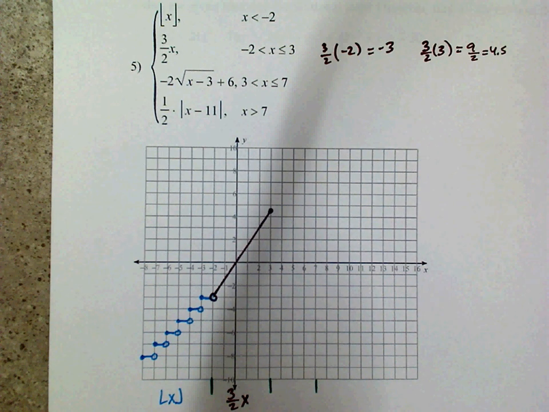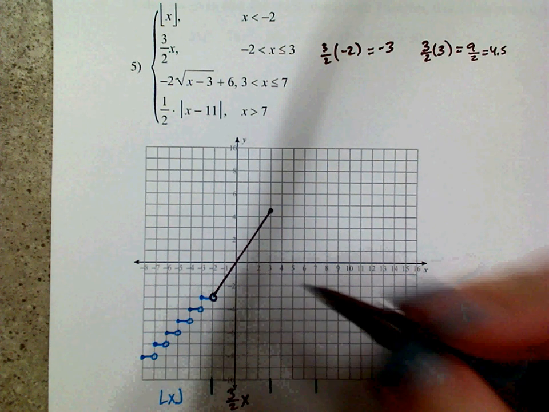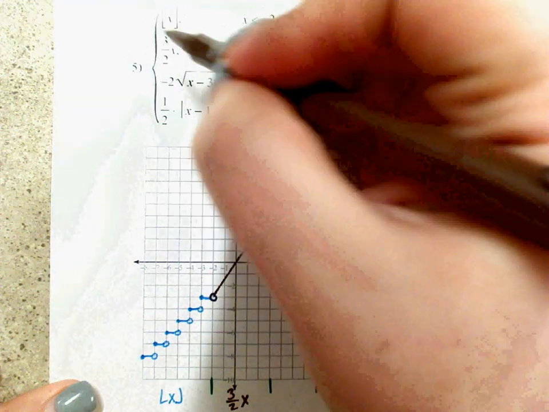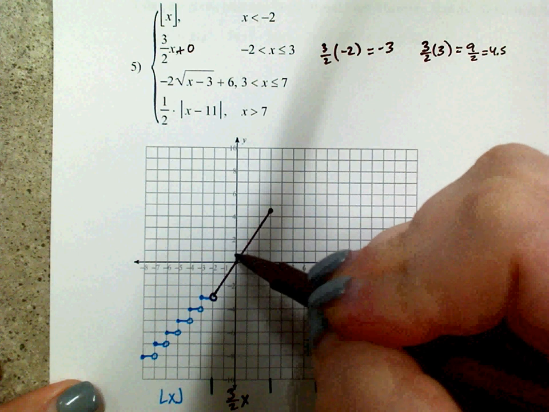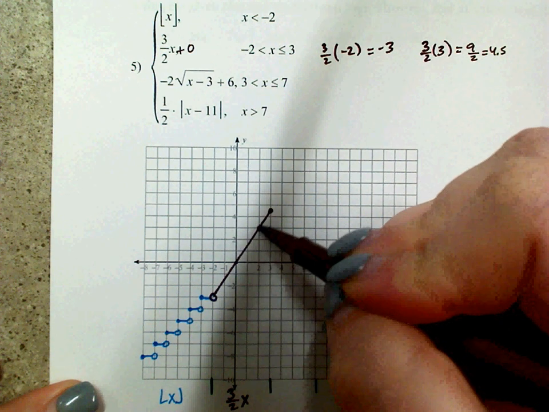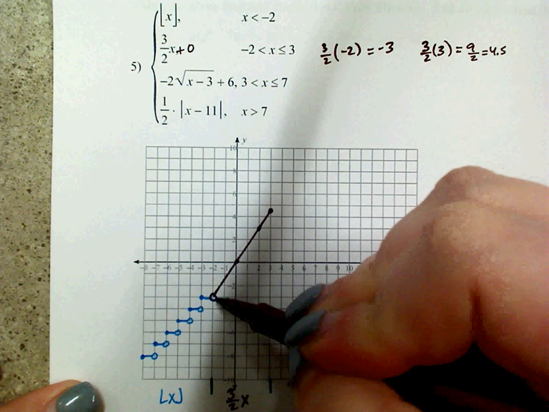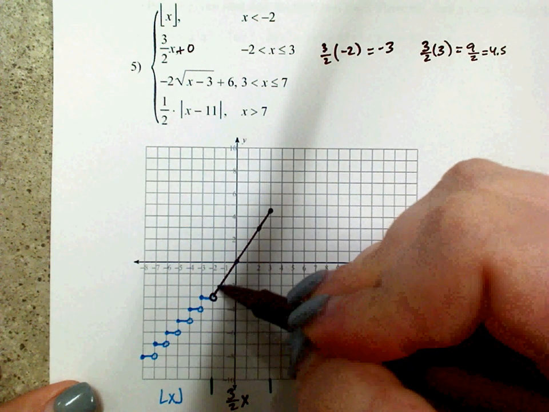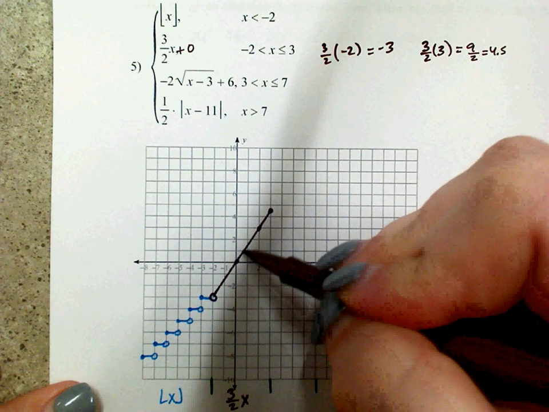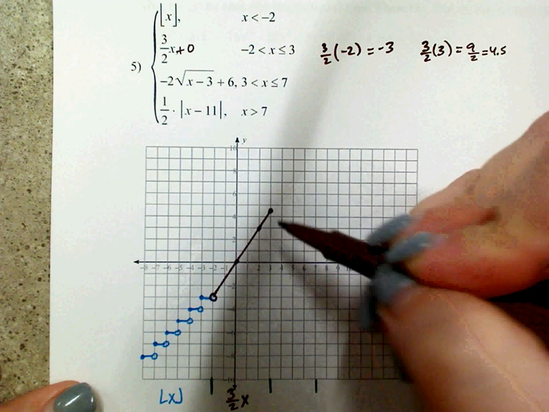Now, if I actually plotted the y-intercept, it's 3/2 x plus 0, right? So if I plotted 0 and then went up 3 over 2, that would get me to this point, and down 3 left 2. But it wouldn't get you necessarily to there. If you had this point and this point, you could connect and then just continue going until you reached it. But this is a little bit more final, like that is for sure 4.5.